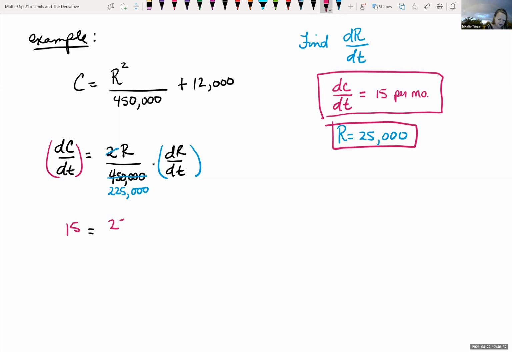So we have 25,000 all over this 225,000. And dR/dt, that's what we're trying to find. So this gives us 15 is equal to, well, 1,000 goes into both. And so we're left with 25 over 225. And so 25 goes into 225 9 times. So 1 over 9 dR/dt.